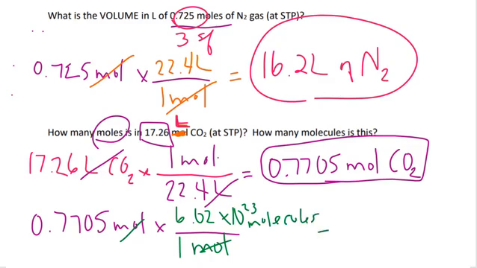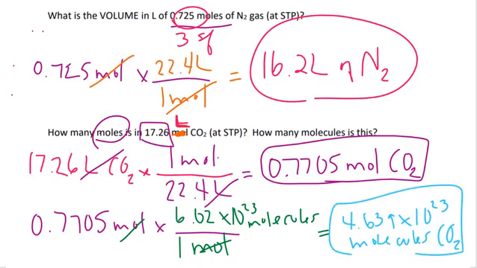We don't want to be confused. So do the plug and chug, 0.7705 times 6.02 times 10 to the 23rd. And again, with 4 sig figs, we should end up with 4.639 times 10 to the 23rd molecules of CO2. Make sure you give a complete answer and circle it.